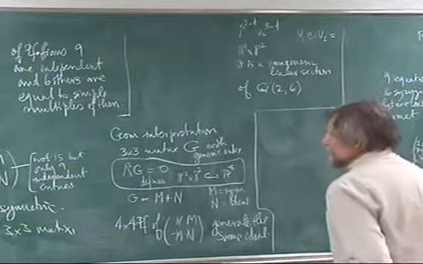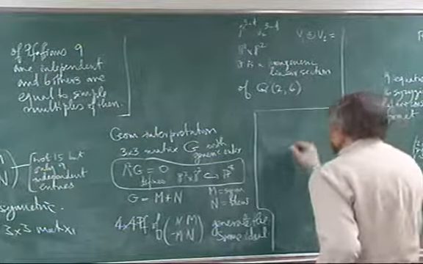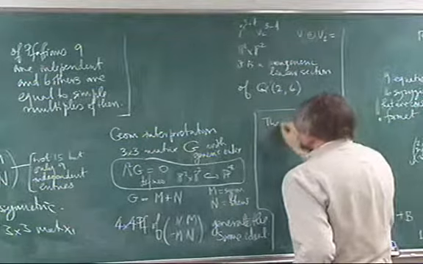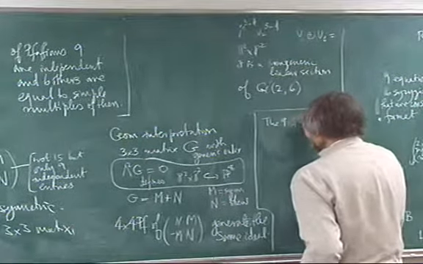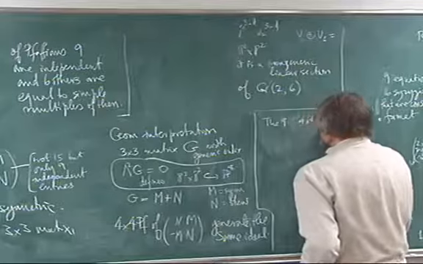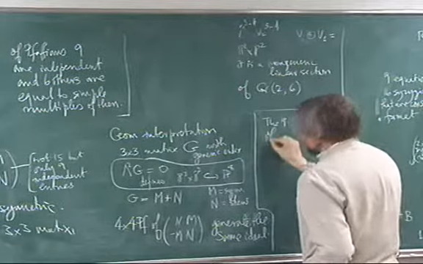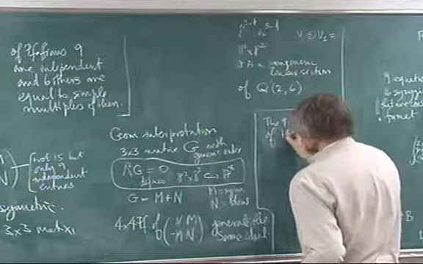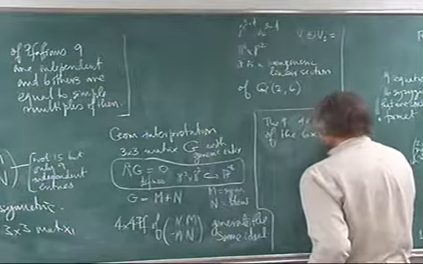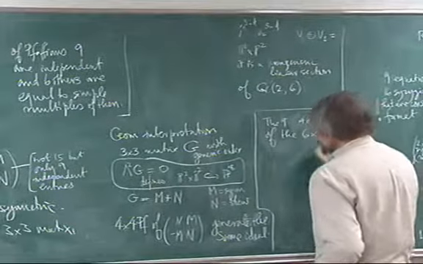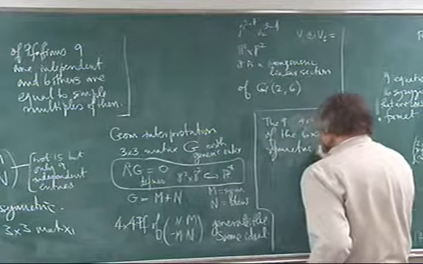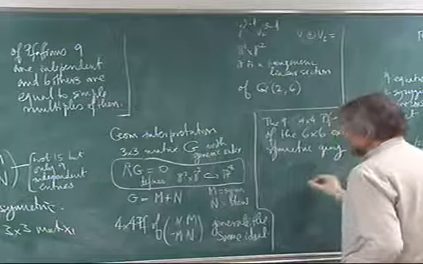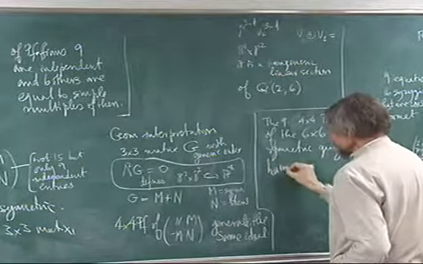Okay? In any case, the 9 Pfaffians, these are 4x4 Pfaffians of this 6x6 guy, have 16 syzygies.